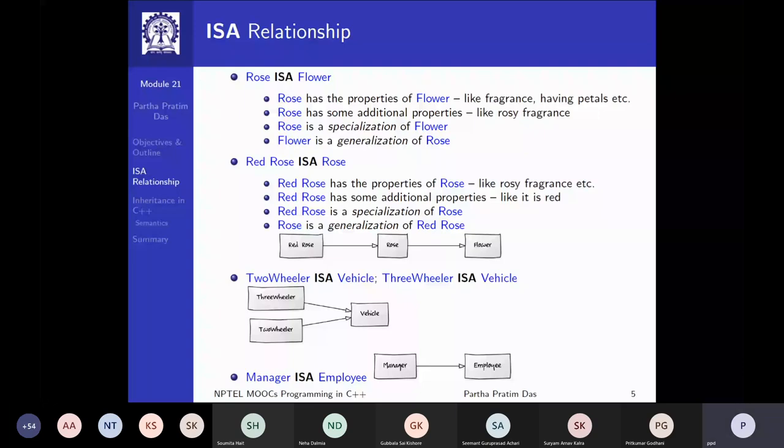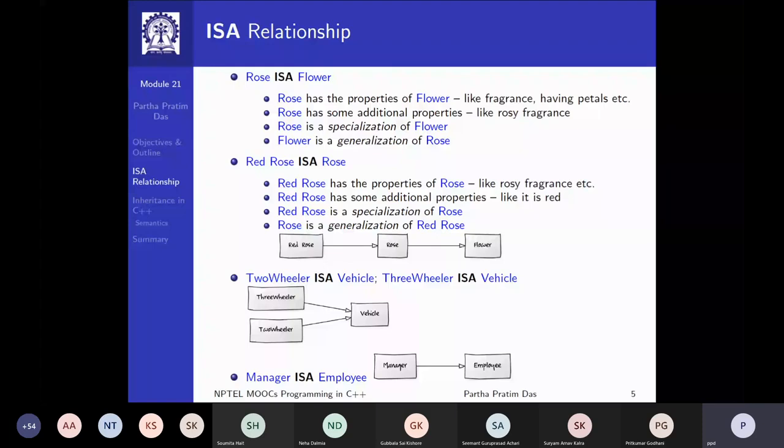On the other hand, we will say flower is a generalization of rose. It encapsulates all kinds of flowers, be it rose, be it jasmine, be it anything else.